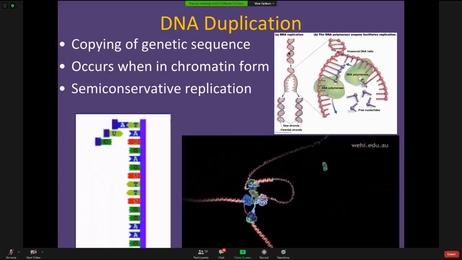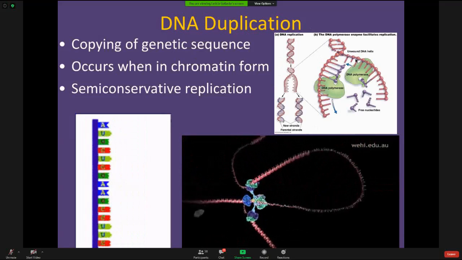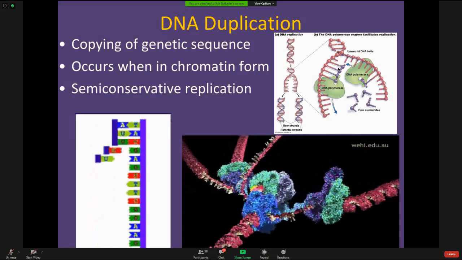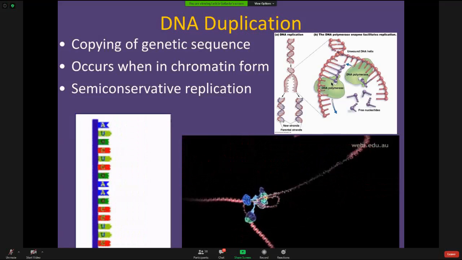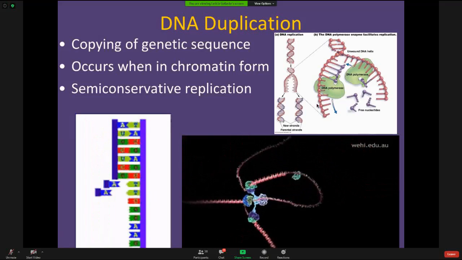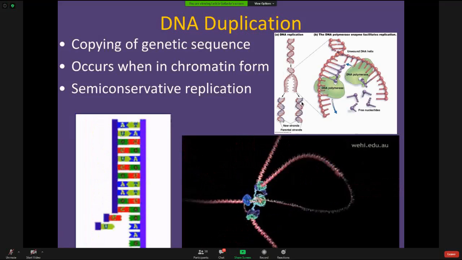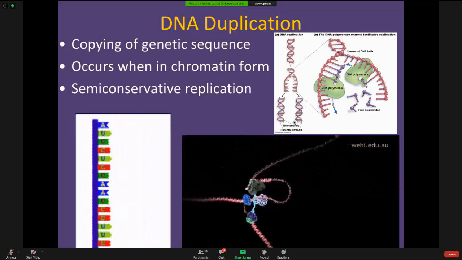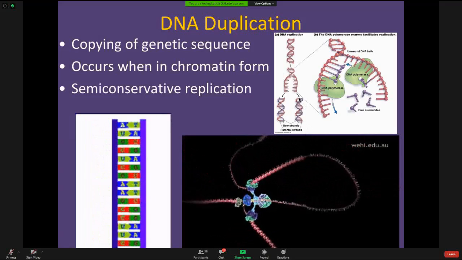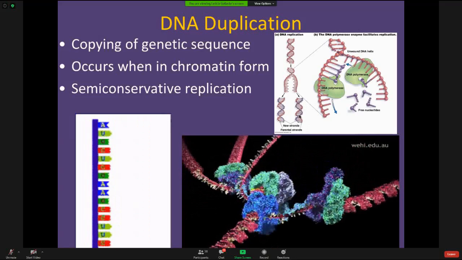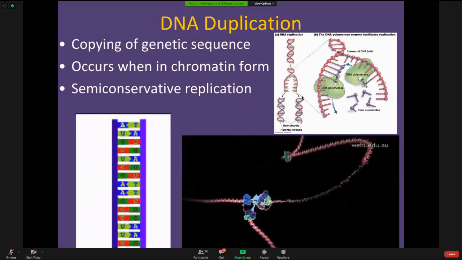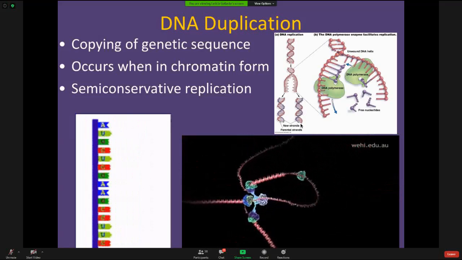So here in this top illustration, you can see how the DNA strand is unraveled during interphase, then complementary base pairs match up so that the original strand is preserved in the two new strands that are generated, right? So you can see the pink half strand of the original strand, and then the purple is what's been added in.